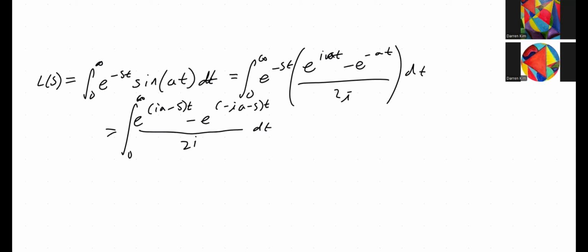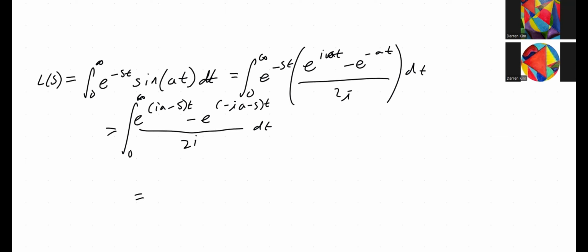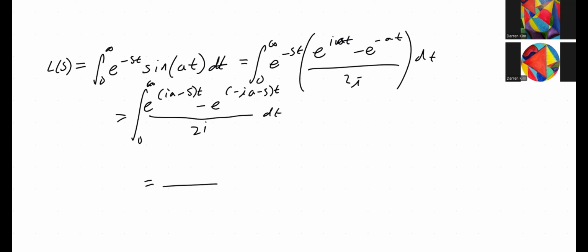Which means I can do a simple integral here that will give me basically e to the IA divided by st, 2I, IA minus s, from 0 to infinity, like this on the first one. And then the second one is also the same thing.